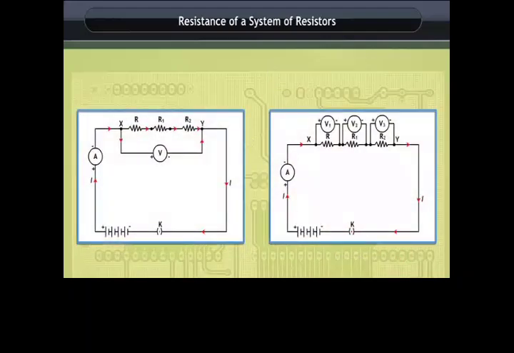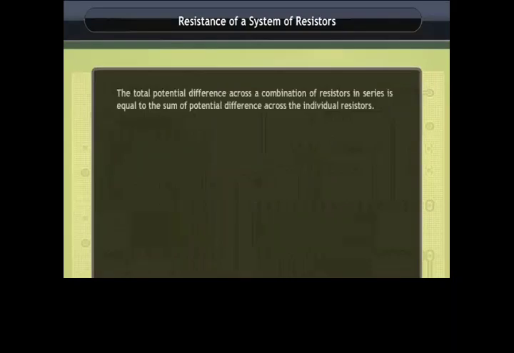You will observe that the potential difference V is equal to the sum of the potential differences V1, V2 and V3. The total potential difference across a combination of resistors in series is equal to the sum of potential difference across the individual resistors. That is, V = V1 + V2 + V3.